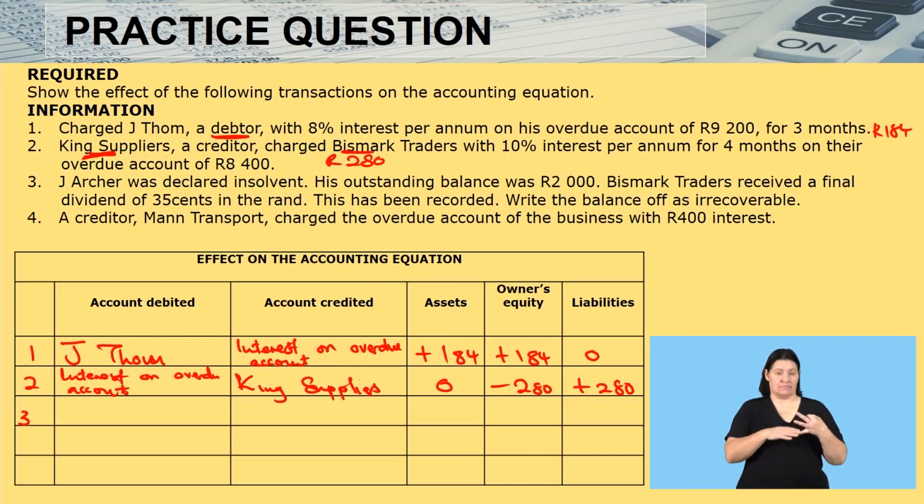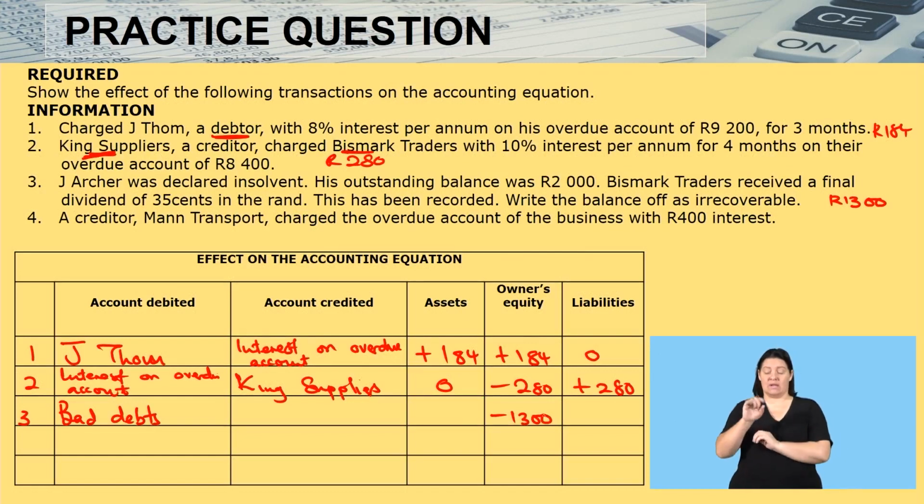The third one, J. Archer was declared insolvent. We calculated bad debts and we found 1,300. Once we have bad debts, we debit bad debts because it is an expense. We come to owner's equity, minus 1,300. Bad debts is an expense. The account to be credited is the debtor, who is J. Archer.